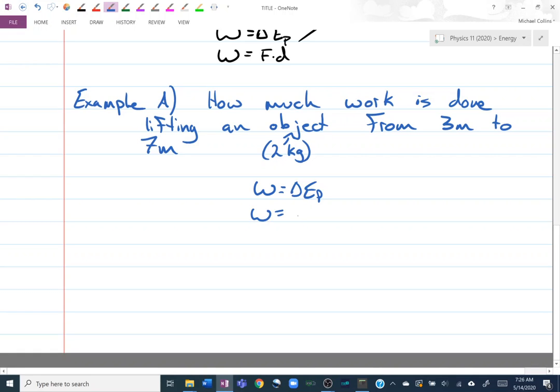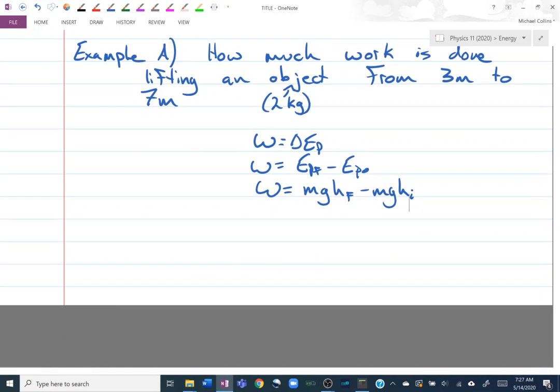Work is equal to EP final minus EP initial. So my work is equal to mgh final minus mgh initial. Notice how neither my mass nor the acceleration due to gravity change over that time, so I don't need subscripts on them. Notice how m and g are in both terms, so I can actually factor it out if I wanted. h final minus h initial.